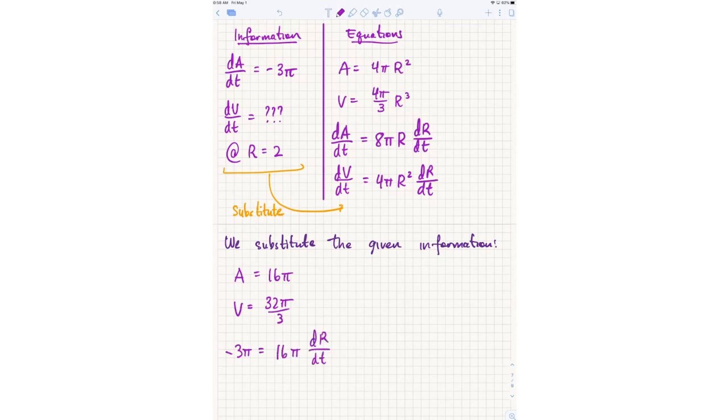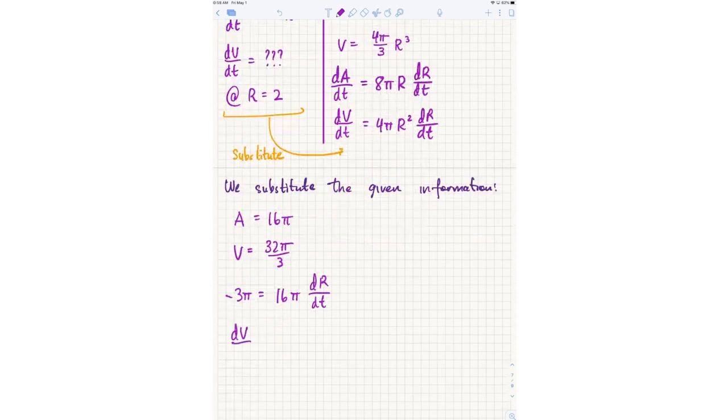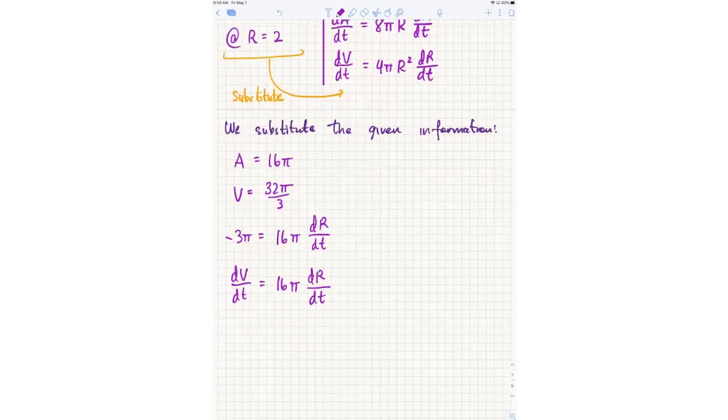And the last equation gives us dV dt equals 4 pi times 4, 16 pi, same number. Look at that. So we can see that these two things are equal, so dV dt is negative 3 pi.